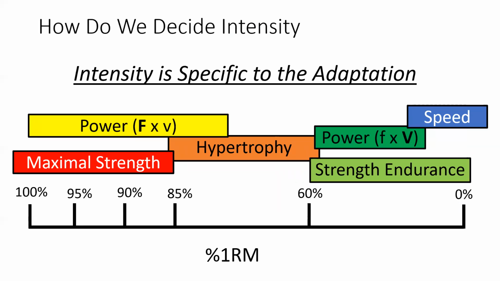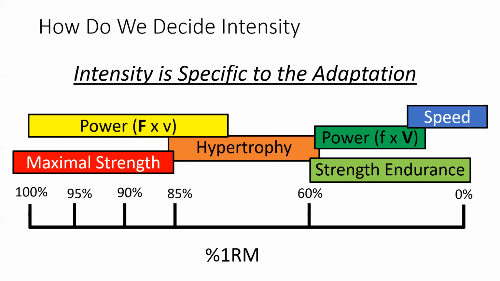So here's a nice little guide. If we're looking for power from the strength speed side, or the big force, little velocity, we can look everywhere from 100 to 50%, as long as we're trying to move this object as fast as we possibly can. It will help us from a strength speed standpoint. Maximal strength is 85% and above.